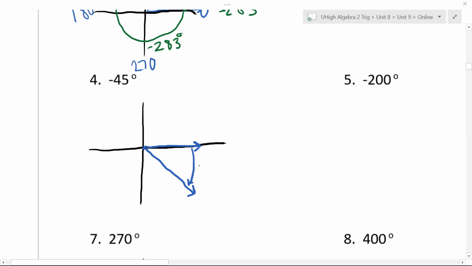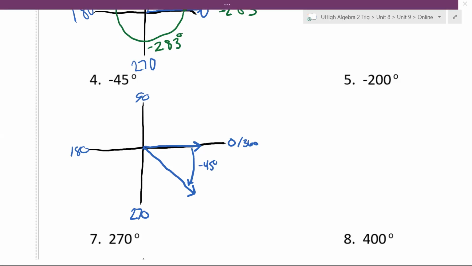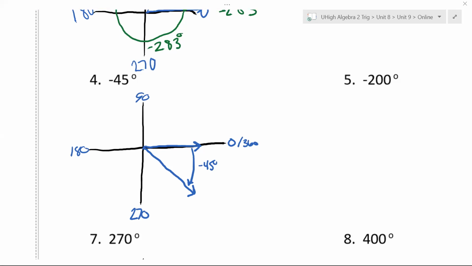So this is my negative 45 degree angle. And again, we still have that 0, 90, 180, 270, and this 0 is also our 360.